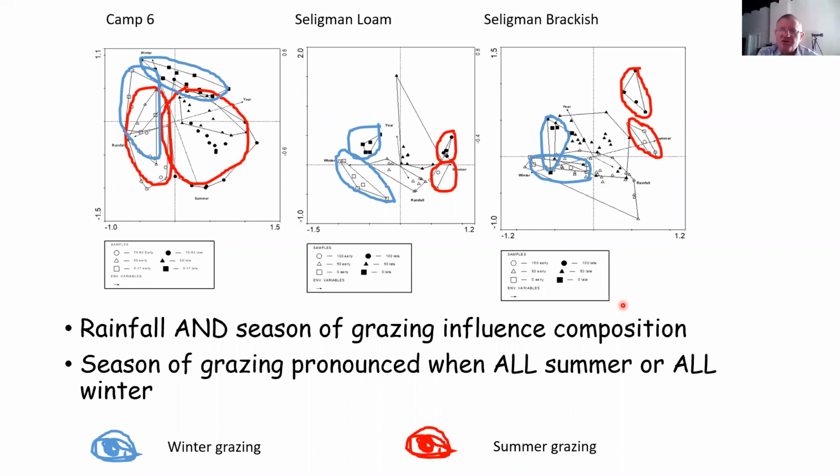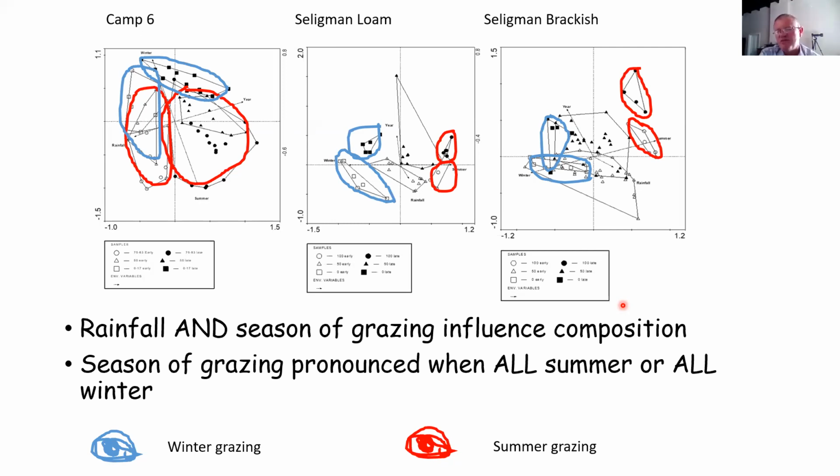But you can also see that it's only really the summer graze treatments, some of the time, that come apart from all of the other treatments. So if you apply a very, very severe grazing treatment, that summer grazing, then you shift the species composition and really damage the veld.